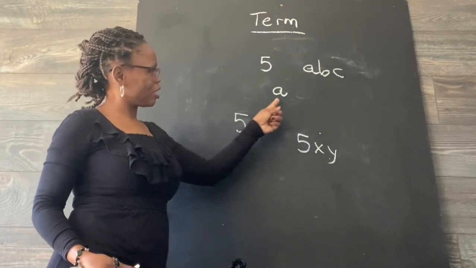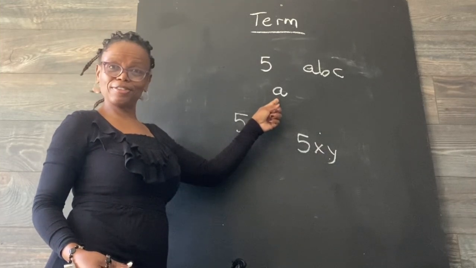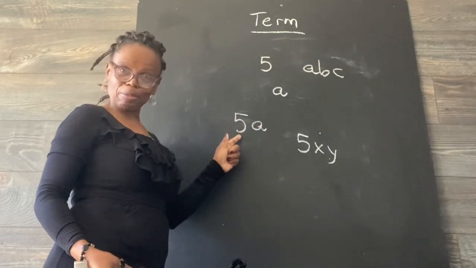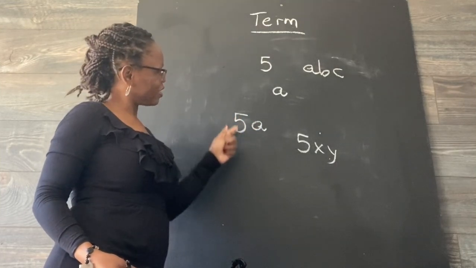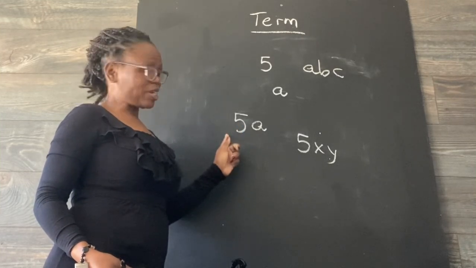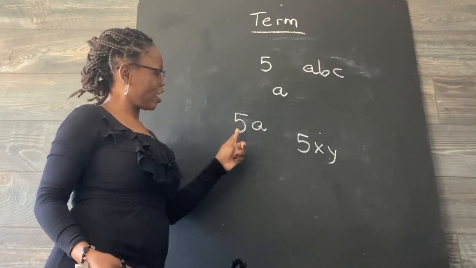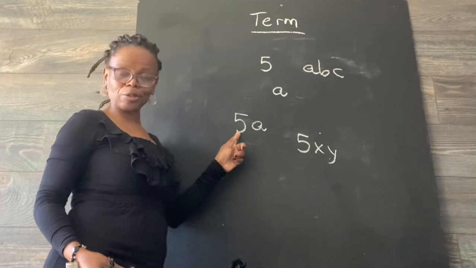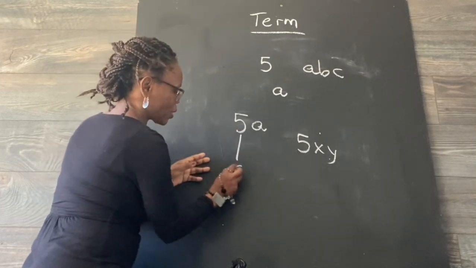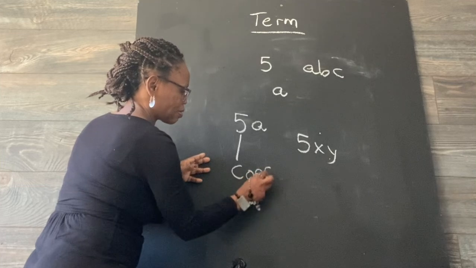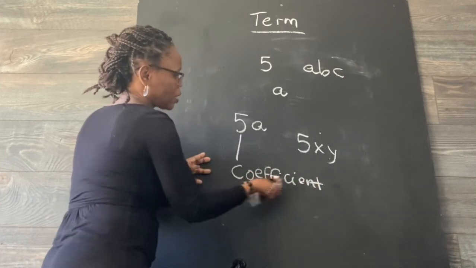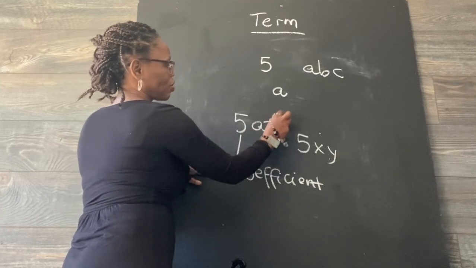It could mean a variable. It could mean this numerical portion here on its own, that's a term, or a combination of the variable and this numerical portion that we call a coefficient. We call this a coefficient, and we call this a variable.